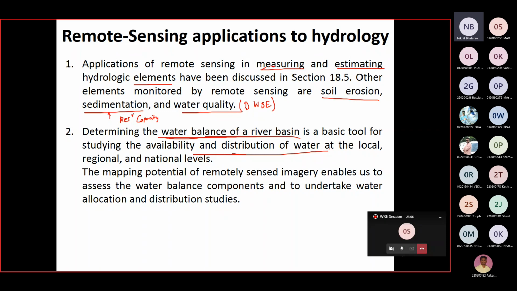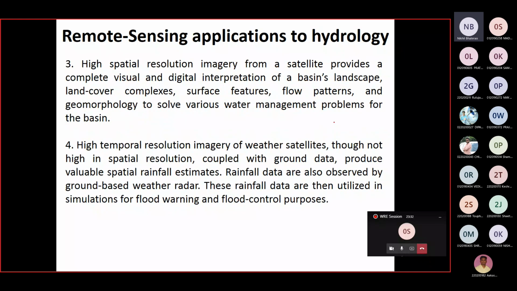And this water which is available, we are supposed to allocate or distribute to the consumers, and that can be done by optimized use of this water. Again, here we have an application of systems application and remote sensing, and their integration can help us in carrying out this particular process.